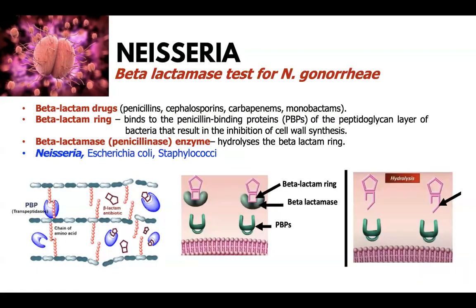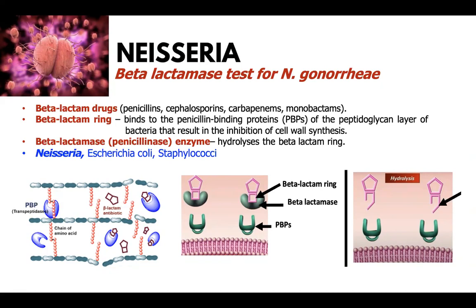Now, what about gonorrhea that are resistant to beta-lactam drugs? Okay? Hindi lang naman yun kay Staphylococcus aureus, no? Meron din si Neisseria. So again, to review, your beta-lactam drugs are penicillin and penicillin-based antibiotics, no? So kagaya ng cephalosporins, carbapenems, monobactams, all of them possess the beta-lactam ring.